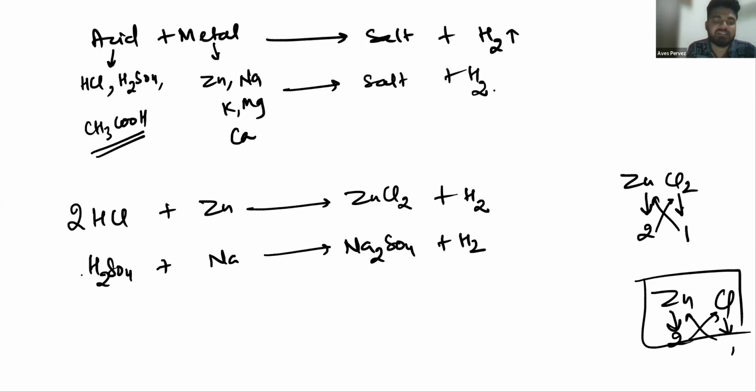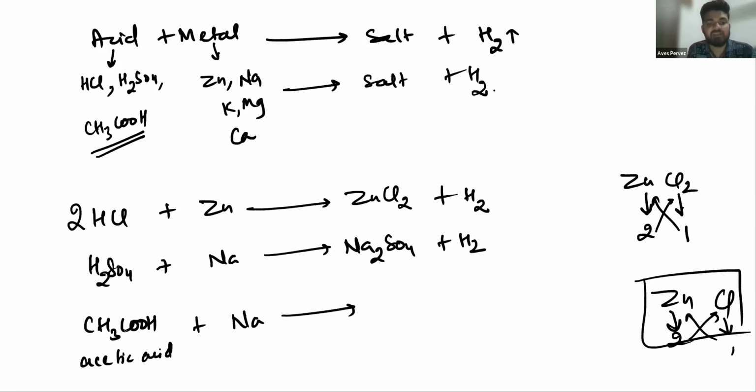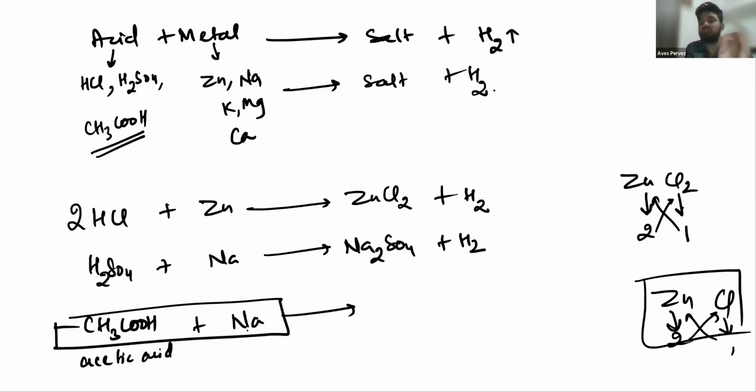And very importantly, the question asks about CH3COOH. If the acid is CH3COOH, this is acetic acid, and it is an exception. When acetic acid reacts, most probably the metal will be sodium. No other metal will be there, 99% sure the metal will be sodium.